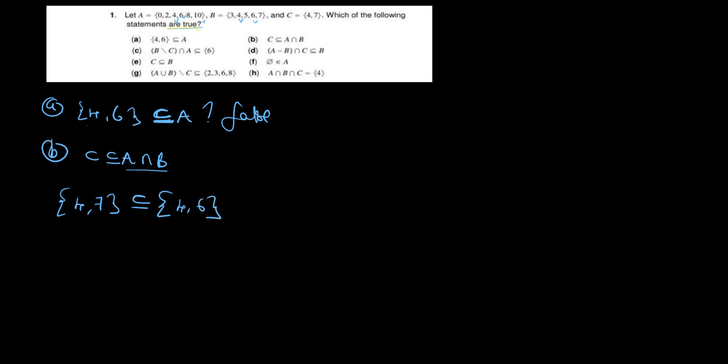Is this true? No, they are not the same. If there was 7, it was going to be true. For this case it is false. Are you getting me there?